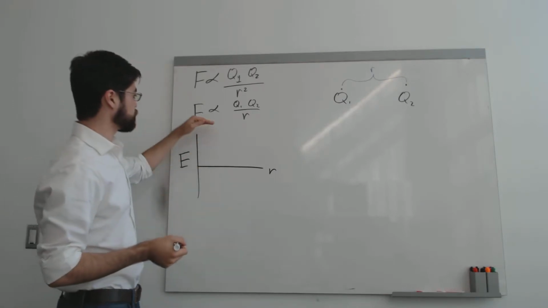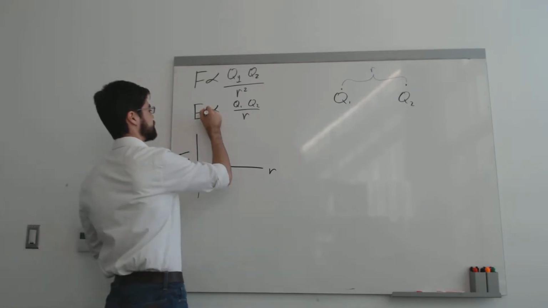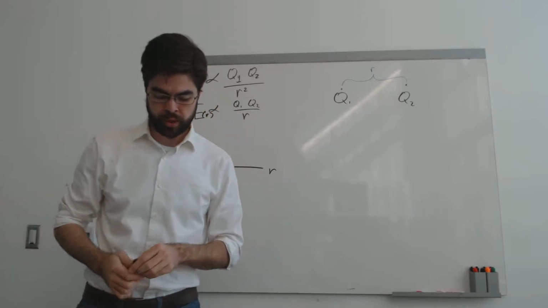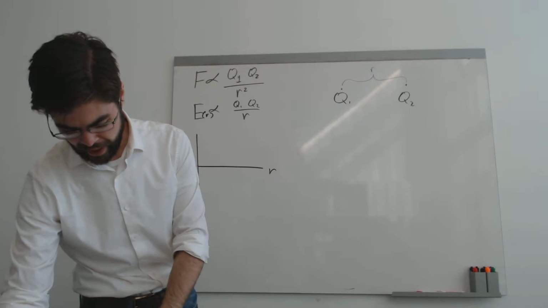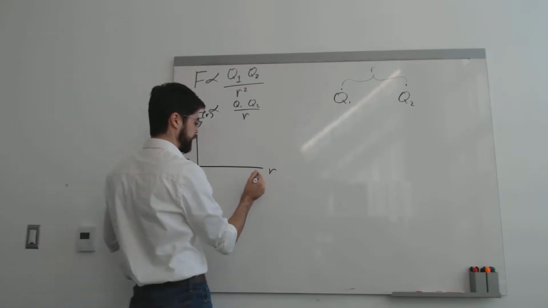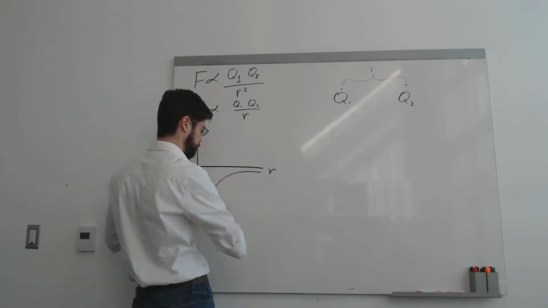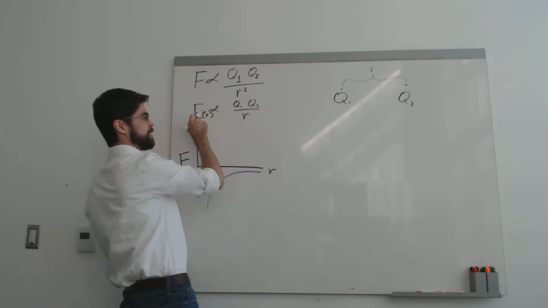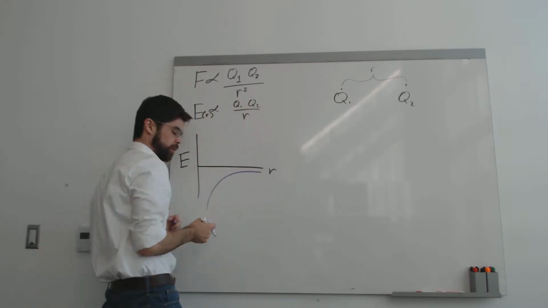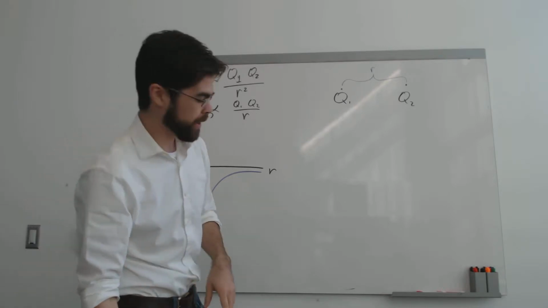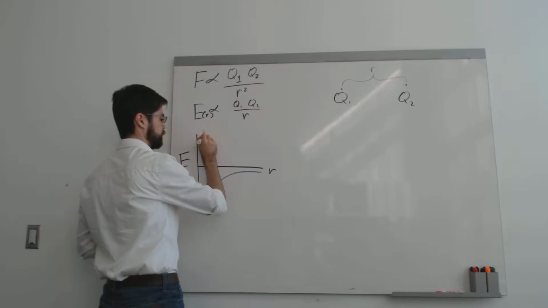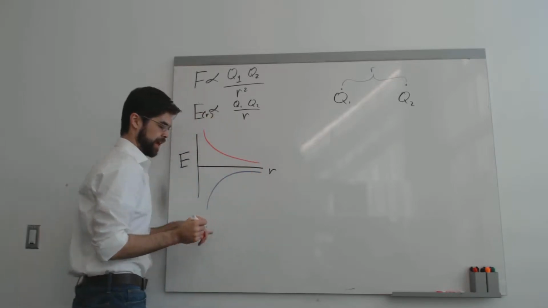And basically, if I'm going to plot out energy as a function of r, there are two different shapes it can have. It could either look like this. This is the 1 over r term, so energy is proportional to 1 over r. Or it could look like that.